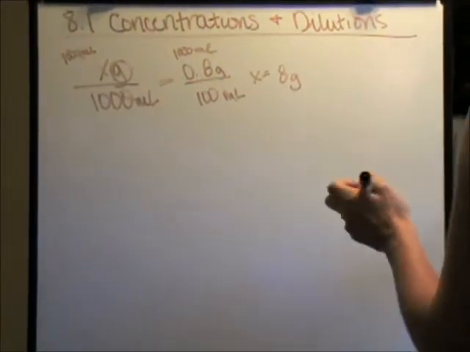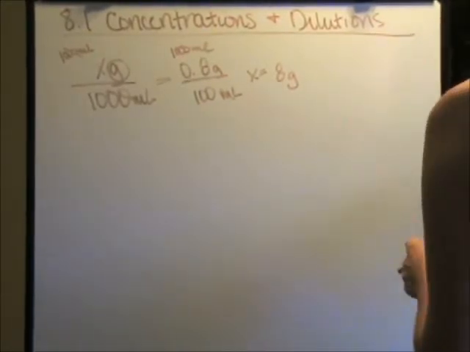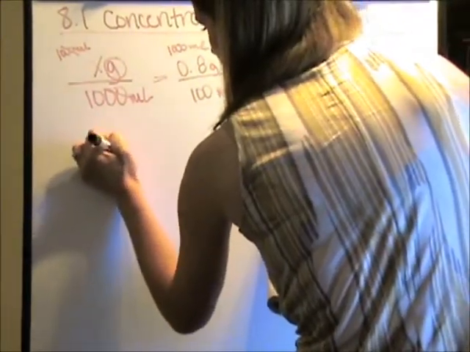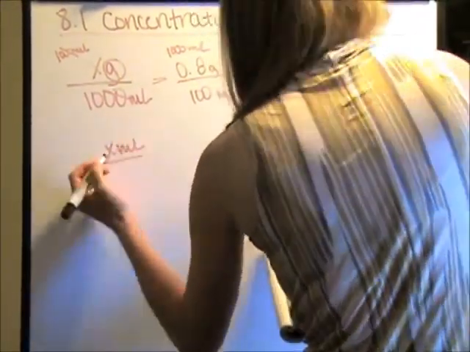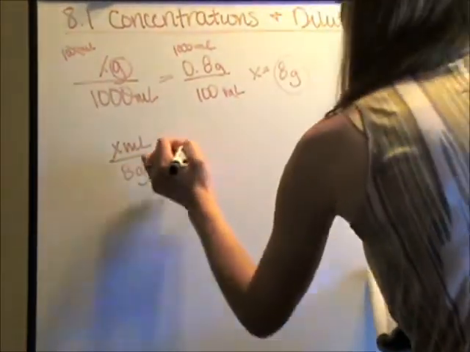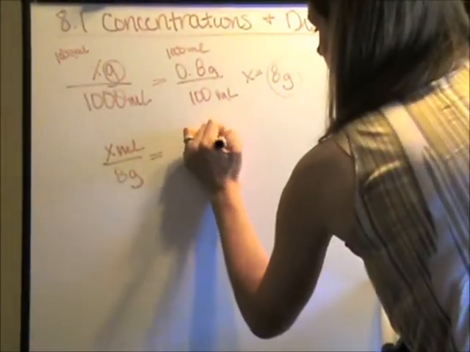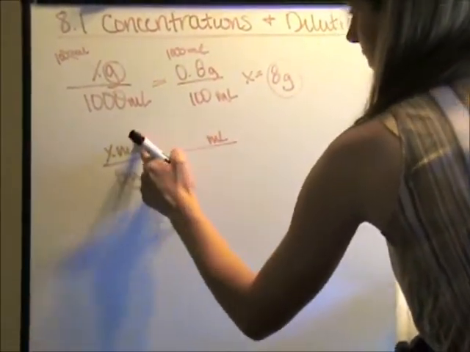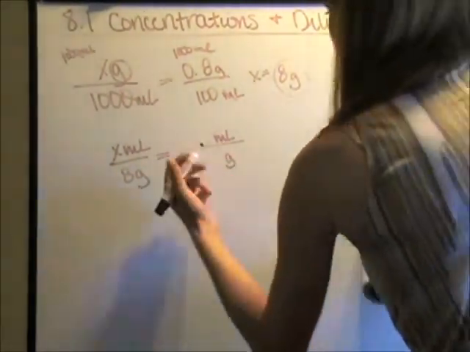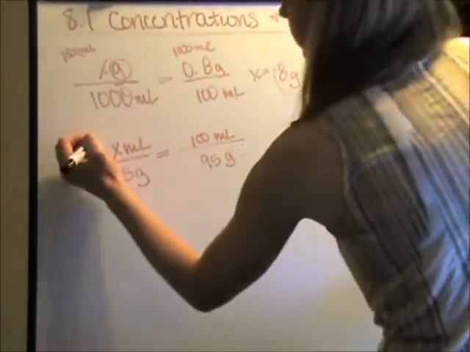Now we need to determine how much of the 95% weight and volume concentrate will be required to provide the desired number of grams. So now that we know our grams, we're going to be solving for volume. And since it's 95% weight and volume, typically you would have the weight on the top, but since we're solving for milliliters, we're going to just flip it, and it's 95%, so 95 grams over 100 milliliters.